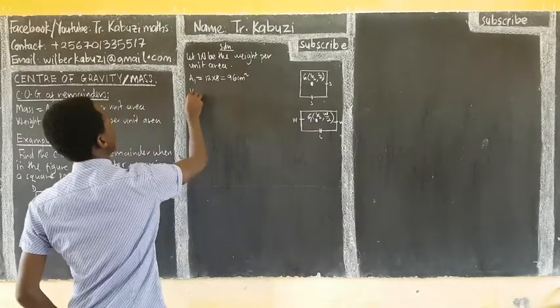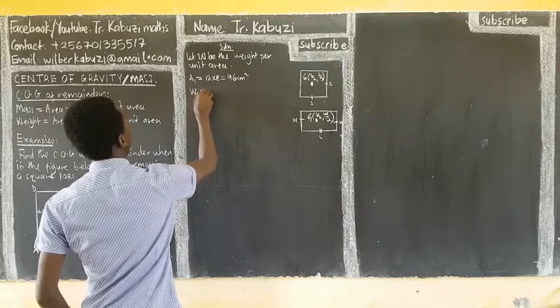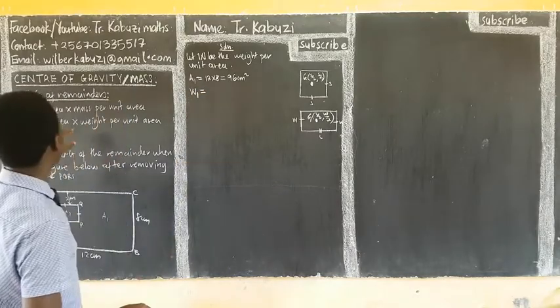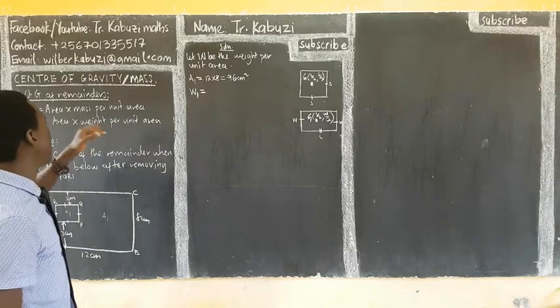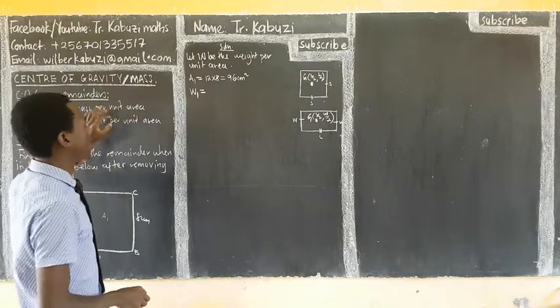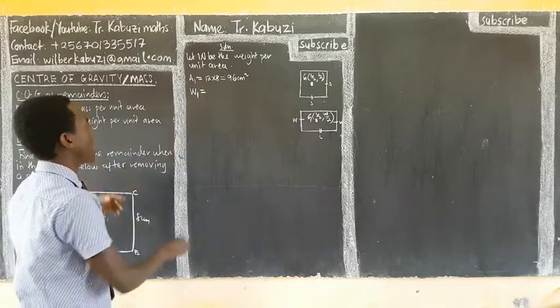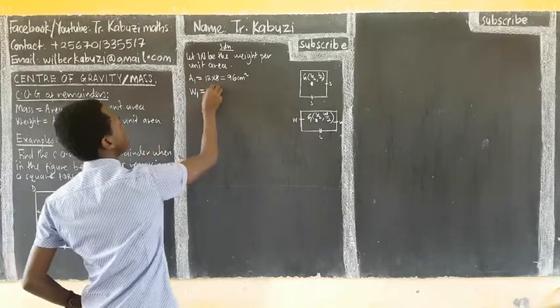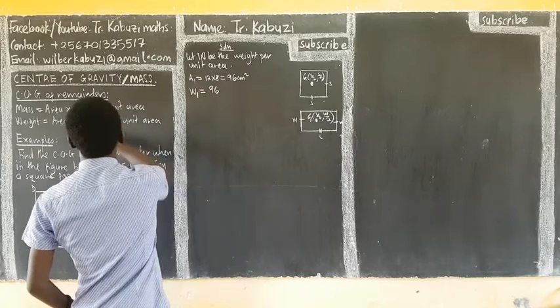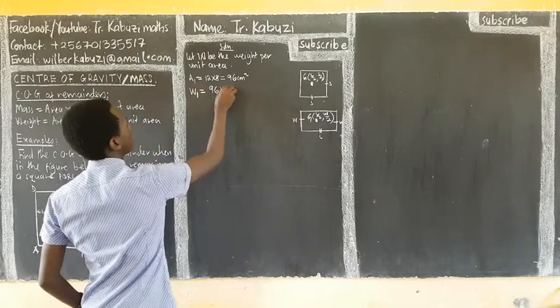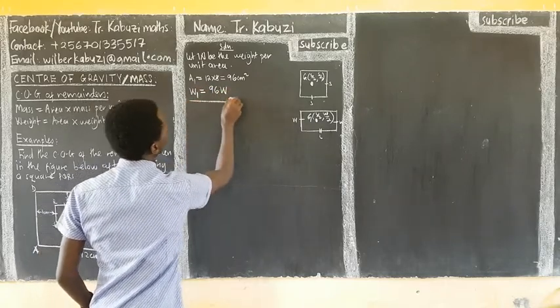So now we get the weights. How do we get the weight? To get the weight, you get the area times the weight per unit area. Because we don't know this, we let W be the weight per unit area. So the weight is the area times the weight per unit area, W.